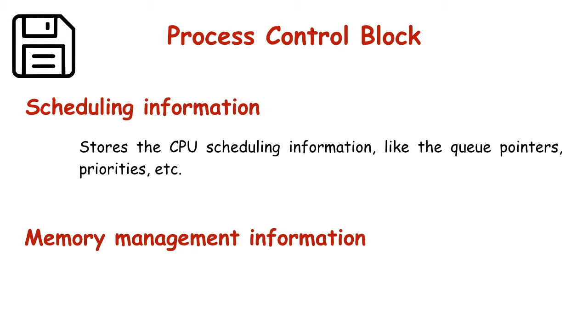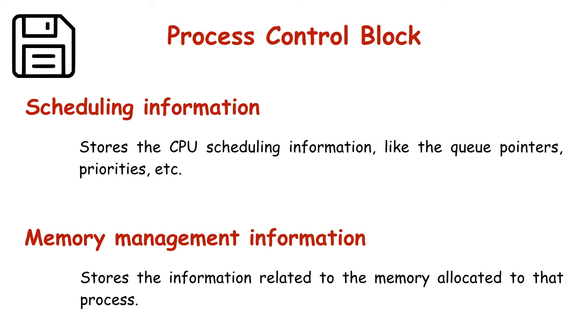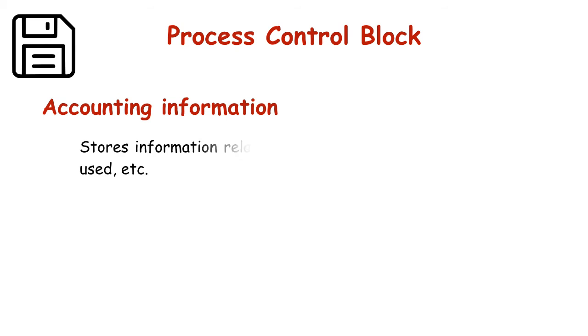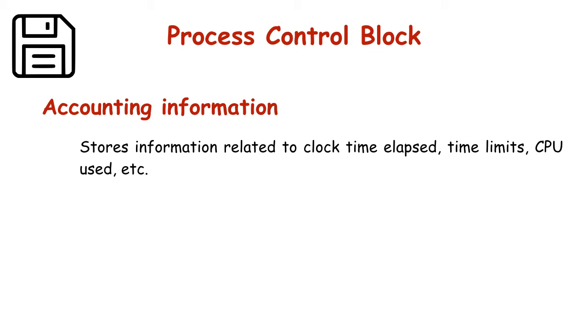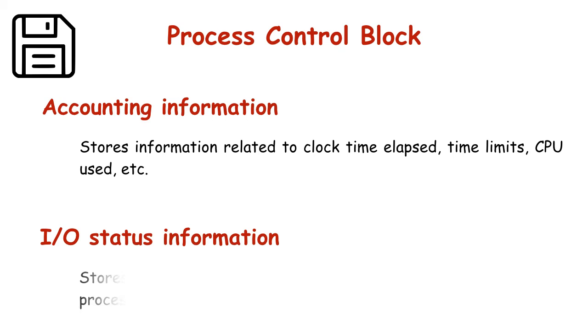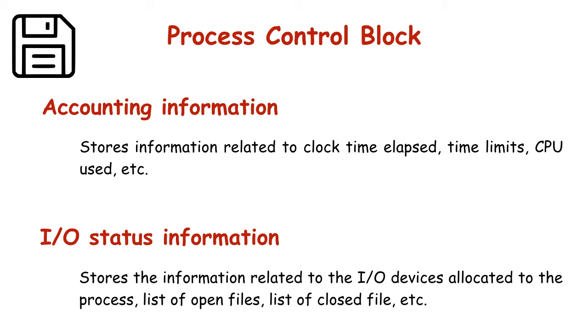Memory management information includes information related to the memory that is allocated to the process. Accounting information is basically related to the clock, so the clock time that has elapsed, time limits, CPU time used, etc. The I/O status information is the information related to the input-output devices allocated to the process, the files that are being used, like the list of open files, the list of closed files, etc.